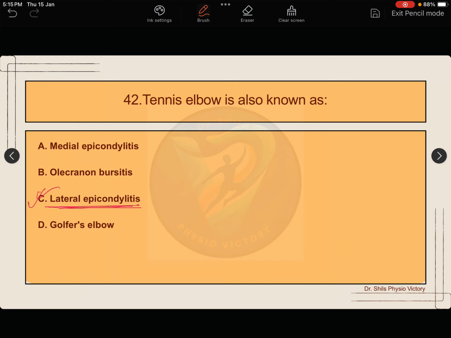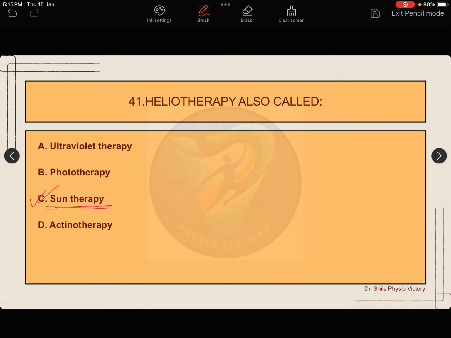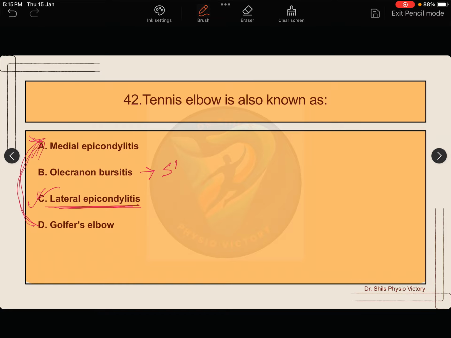Golfer's elbow, or medial epicondylitis, is the same thing, and olecranon bursitis is also called the student's elbow.